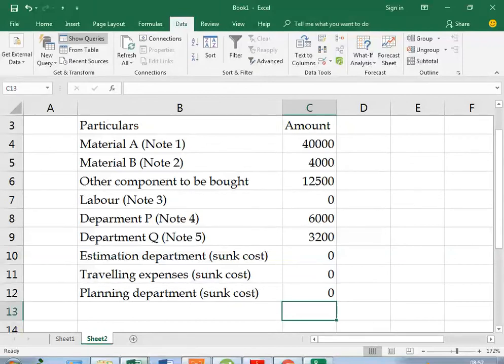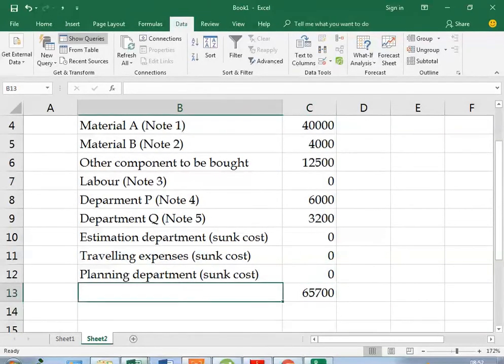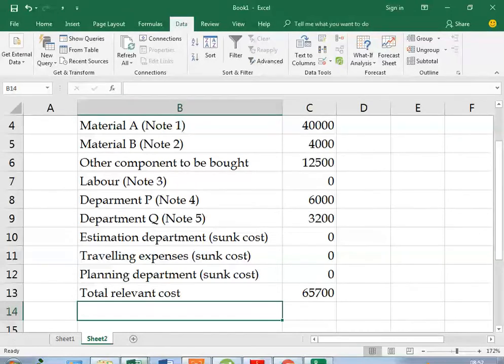Add up all of this. That's your relevant cost. Total relevant cost 65,700.